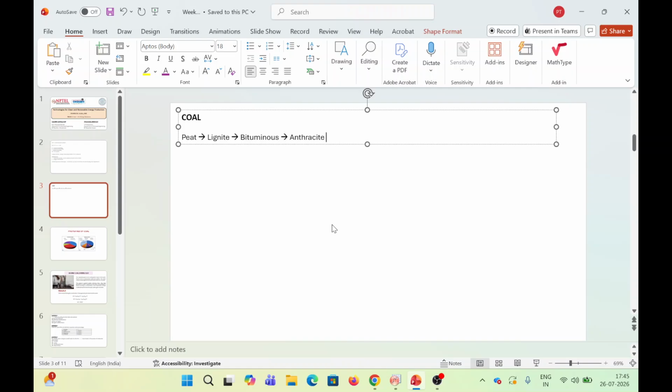And in the case of bituminous coal, if you see, there are sub varieties. Does anyone have any idea? In the case of bituminous, there are totally three different varieties of bituminous coal.